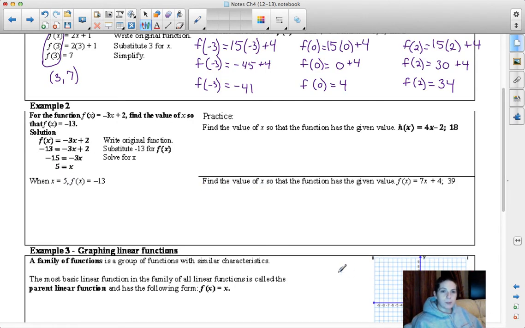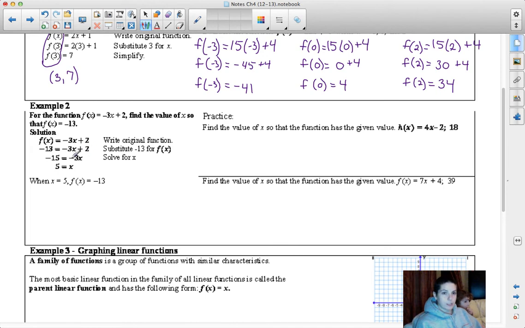Let's go to example 2. For the function f of x is equal to negative 3x plus 2, find the value of x so that f of x is equal to negative 13. So now we're going backwards. We want to find out what got plugged in. So we have to take f of x out and put the negative 13 in. So we write our problem down. We take the function notation out and put the negative 13 in. And then it becomes a two-step equation that we can do pretty easily.